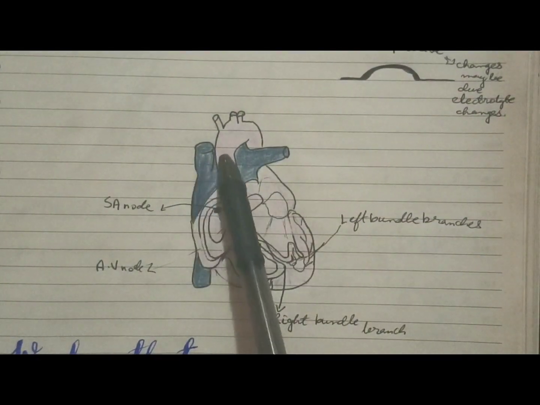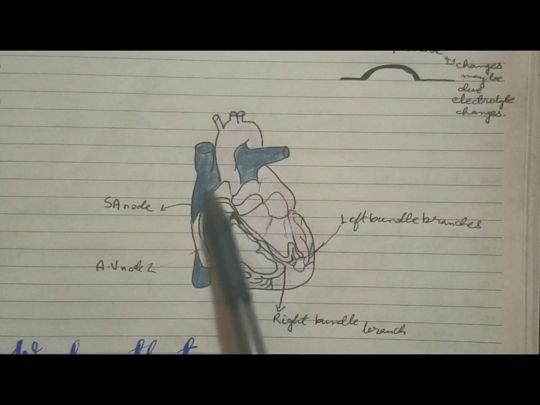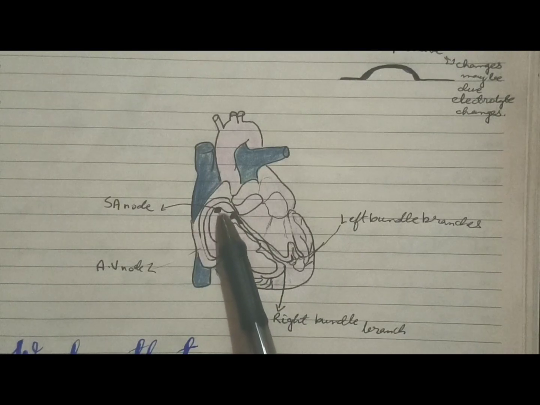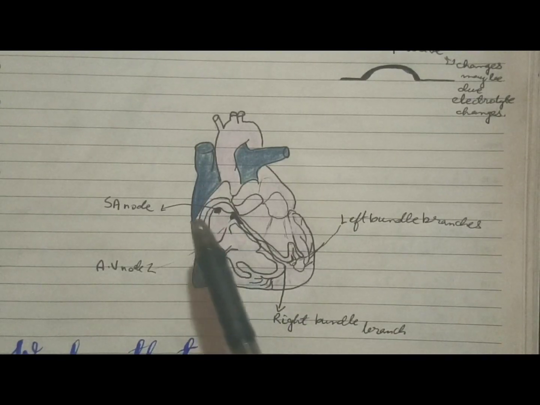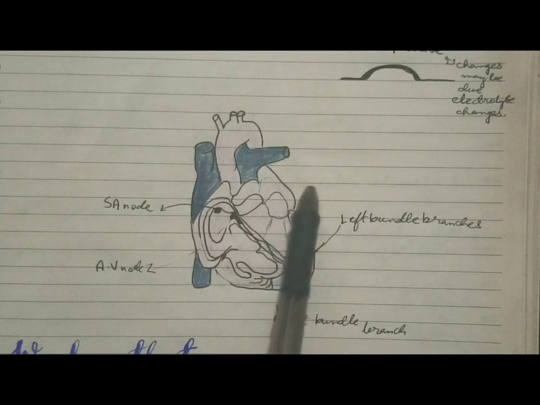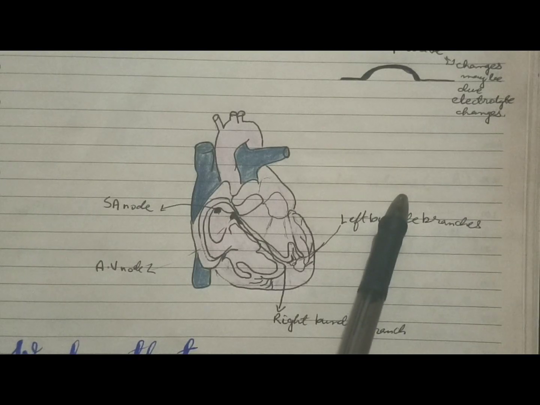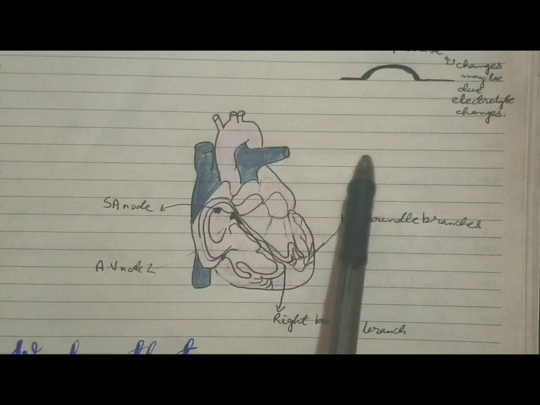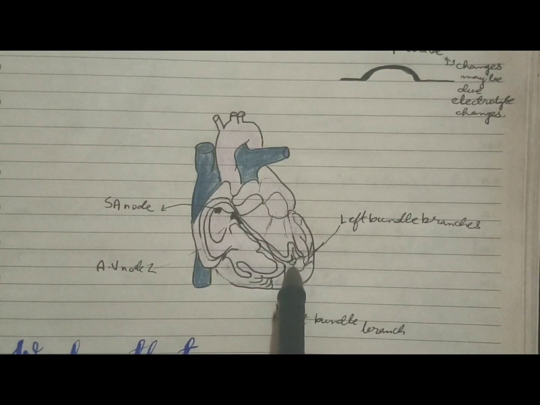Okay, so what is it? It is the superior vena cava and it is the inferior vena cava. The superior and inferior vena cava will pump blood into the right atrium of our heart, and the right atrium will in turn pump blood to the pulmonary artery, which will go to the lungs, and then the lungs will oxygenate the blood, and then we are going to have oxygenated blood to the left atrium, and then the left atrium will pump blood to the left ventricle.